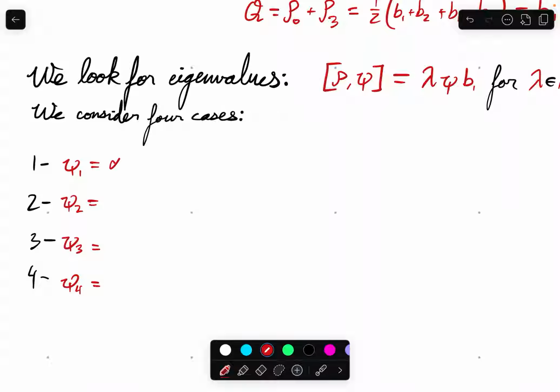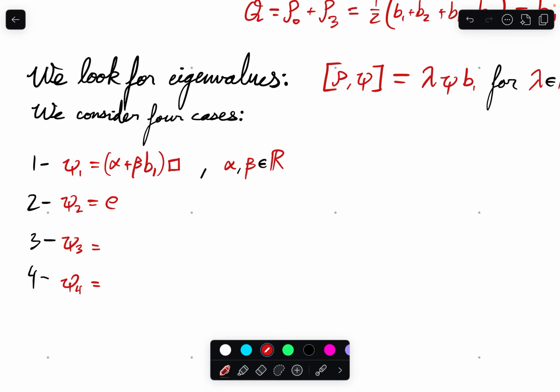C1 is alpha plus beta B1, where alpha, beta are real numbers, all of this times box.